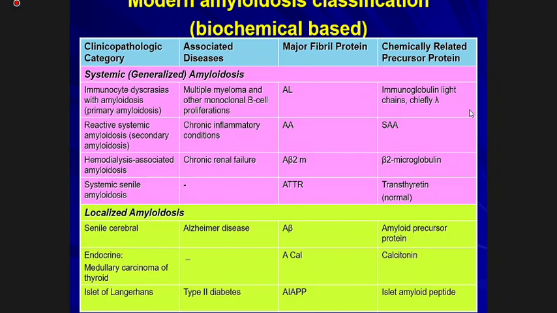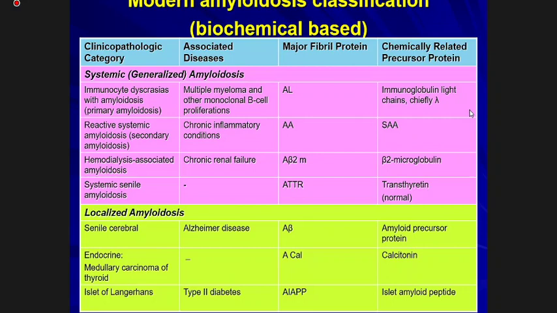Sometimes we put it under localized, because systemic senile amyloidosis is mainly localized in the heart, but you can also find it in other organs as well. So some books put it under localized amyloidosis.